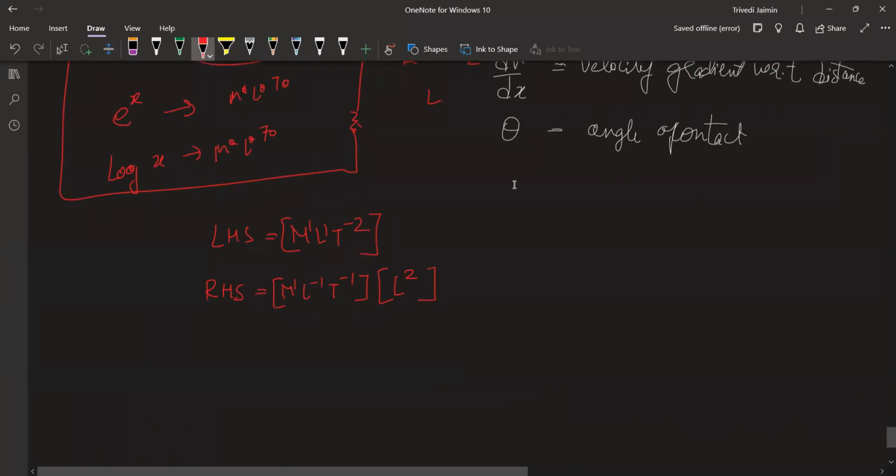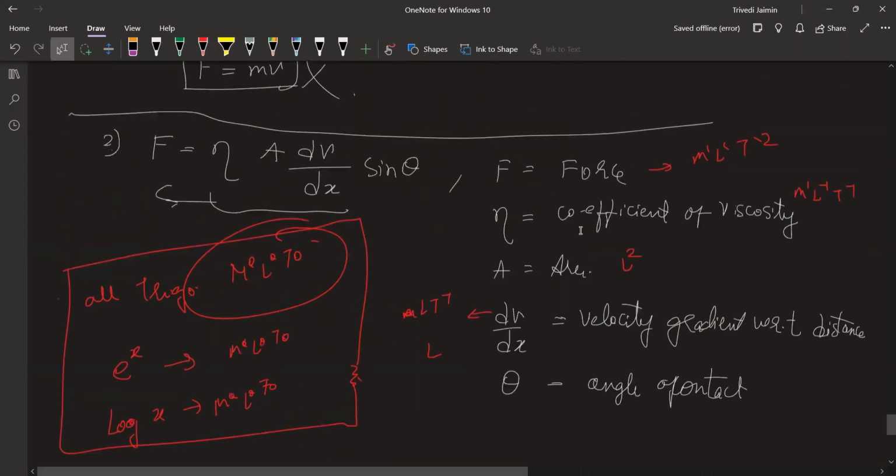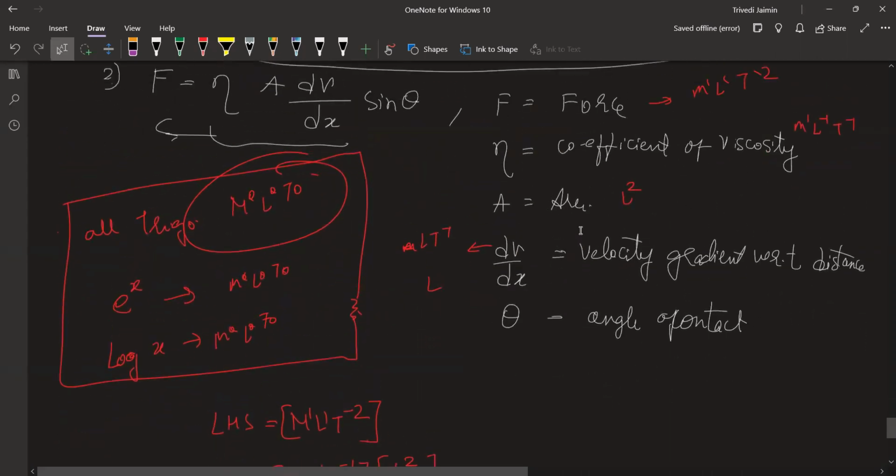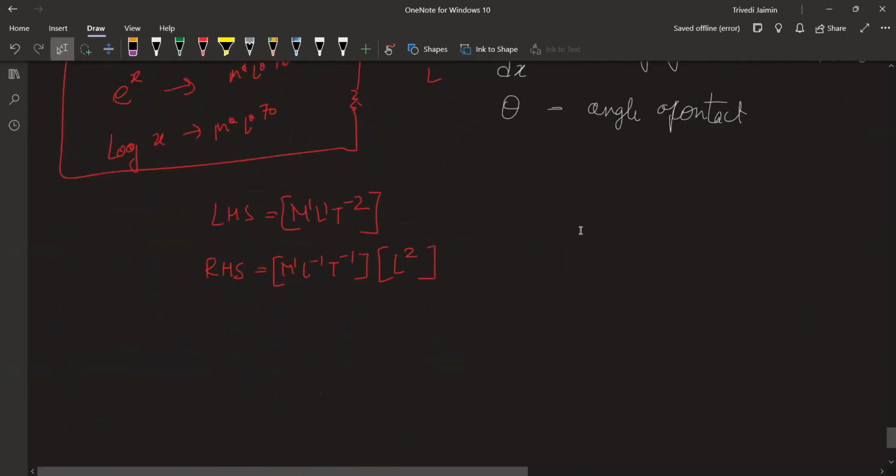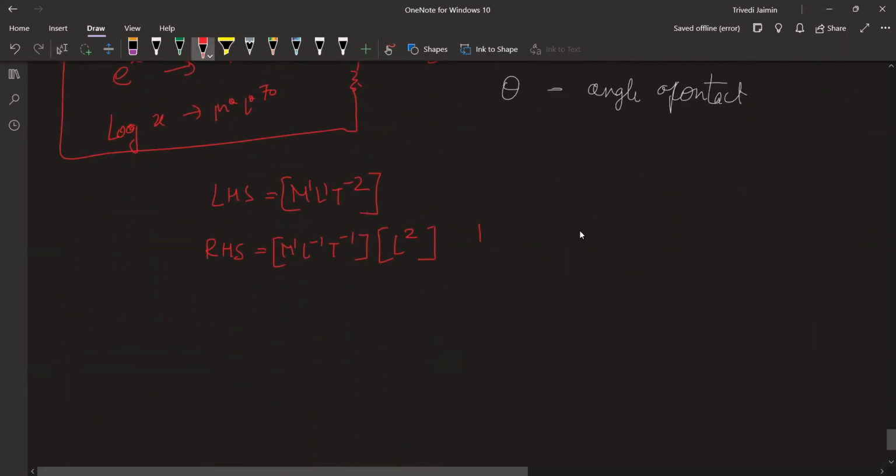What else do we have? Velocity gradient, with respect to distance. So velocity is LT minus 1, divided by L. Here L and L will get cancelled.